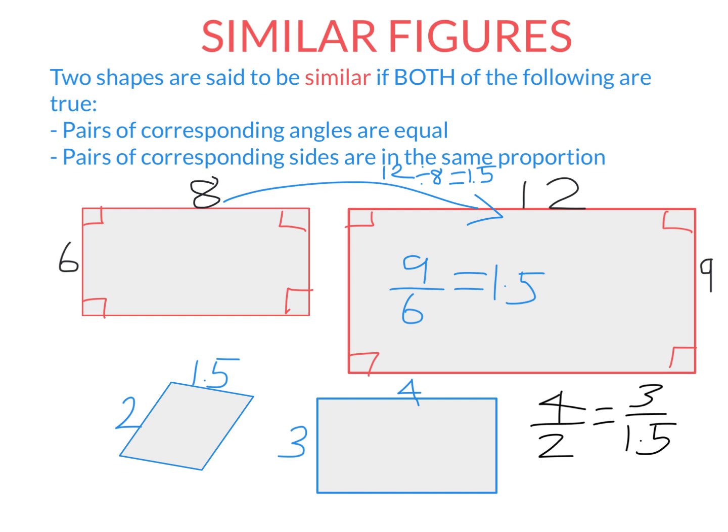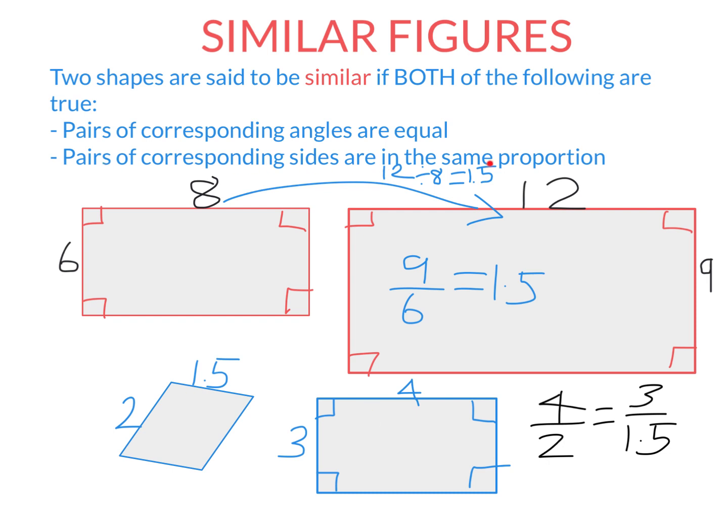See, to be similar, they have to be the same shape. This is a parallelogram, this is a rectangle. Another way to say that more formally is they don't have the same angles. So for this rectangle, it has 4 90-degree angles, whereas this shape here does not have any right angles. So that's why these two are not similar.